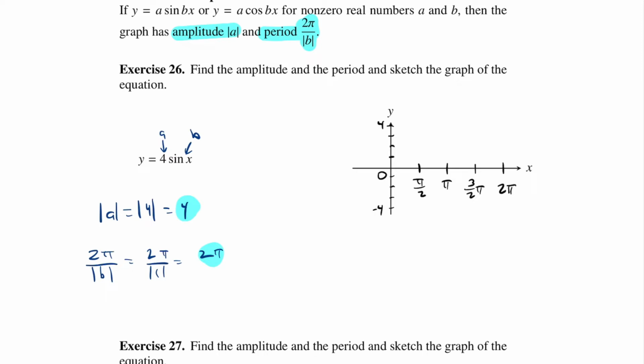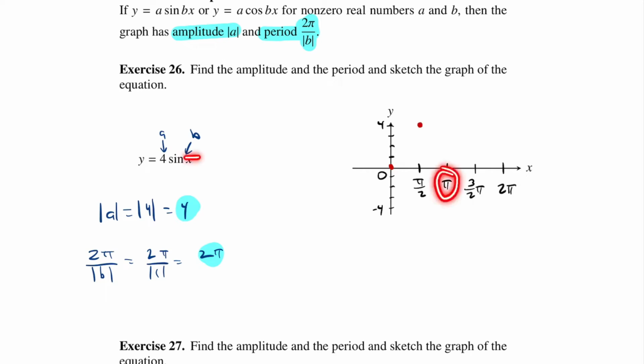All right, and so now we can use our unit circle. You substitute 0 into x. The sine of 0 is 0, and 0 times 4 is 0. Plug in pi over 2 for x. The sine of pi over 2 is 1, and 1 times 4 is 4.